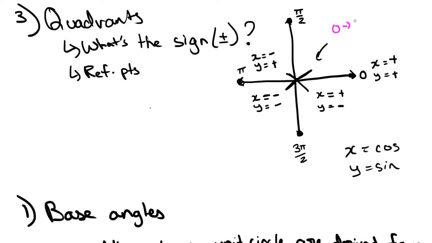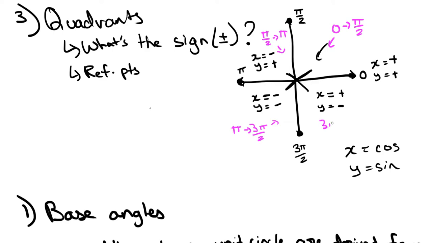So everything from 0 to pi over 2 falls over here. Everything from pi over 2 to pi falls over here. Everything from pi to 3 pi over 2 falls over here.